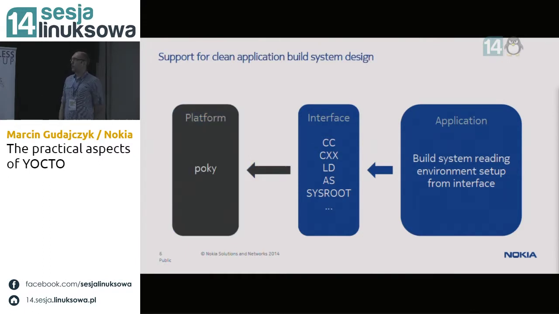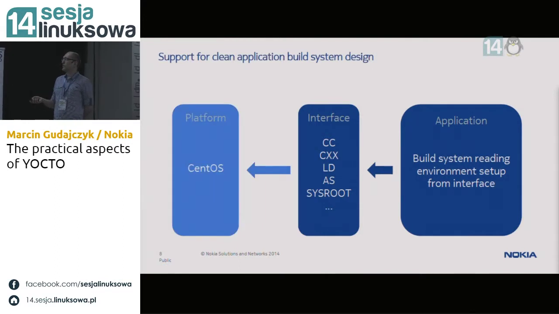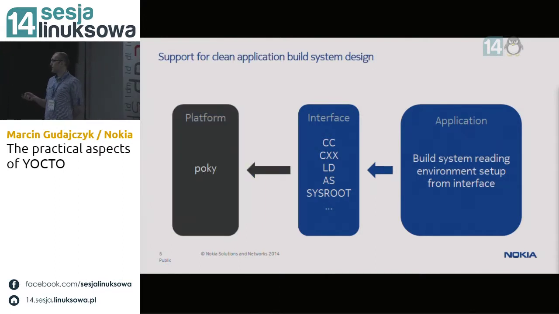We can get back to Poky. You can notice that only the platform changes and the interface and the application are stable. And if this is defined and properly used, our application build system is healthy, and we will be able to easily port it to any platform of our wish.